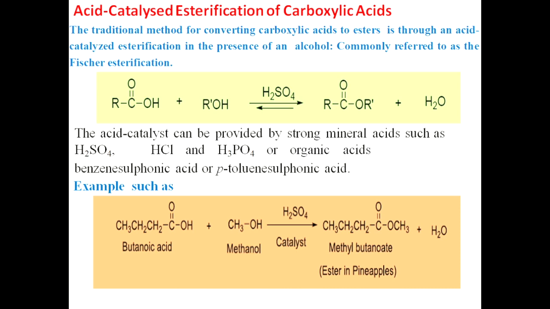Even benzene sulfonic acid and para-toluenesulfonic acid can be used as catalysts in this acid catalyzed esterification reaction. An example is butanoic acid reacted with methanol in the presence of sulfuric acid as a catalyst. Methyl butanoate, the ester of pineapple, is formed and water is released.